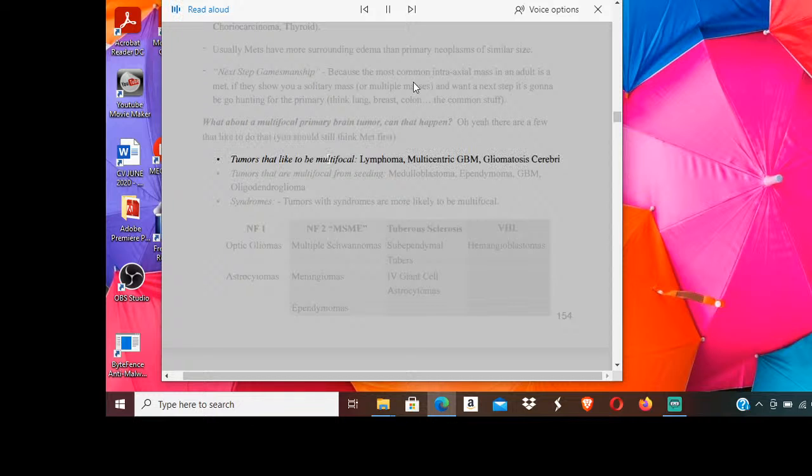Tumors that like to be multifocal: lymphoma, multicentric GBM, gliomatosis cerebri. Tumors that are multifocal from seeding: medulloblastoma, ependymoma, GBM, oligodendroglioma. Syndromes: tumors with syndromes are more likely to be multifocal.